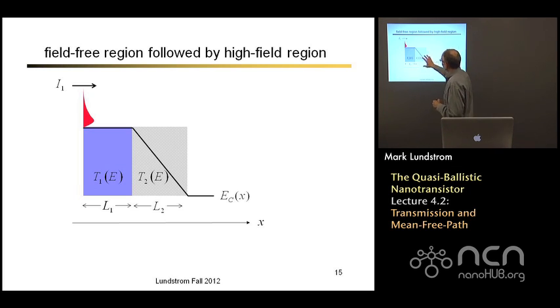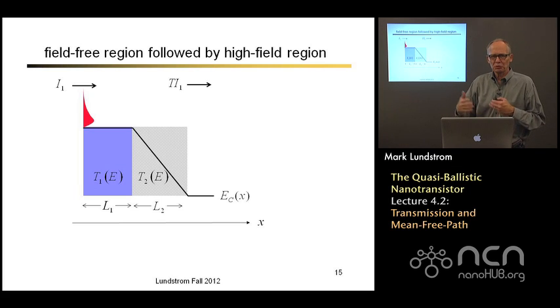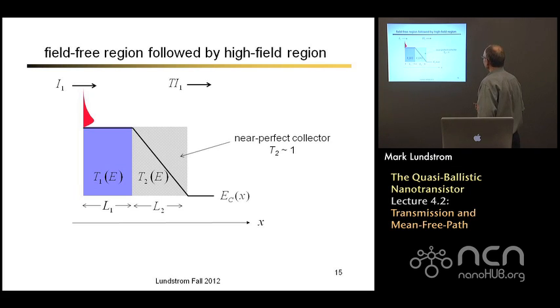So this composition of a low field region followed by a high field region is what we would see in a MOSFET under high drain bias. So let's say we have 2 different lengths here, and we want to know what's the probability that we will transmit across the entire structure, which would be our channel under high drain bias.